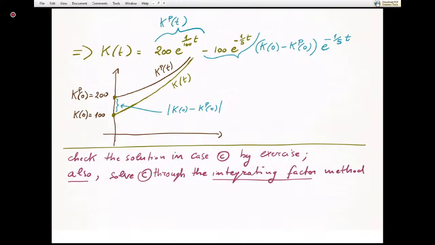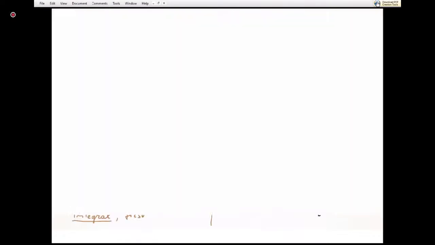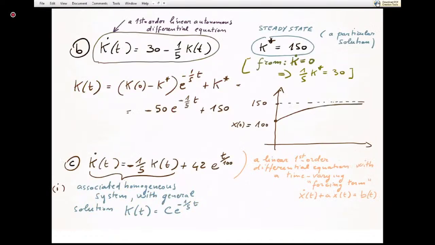I remember that in the case of an exponential time varying term, when b is exponential, like in this case, b of t is exponential, the integrating factor method is quite easy. It doesn't result in integration by parts. It's just an integration of an elementary exponential. So you can use both.